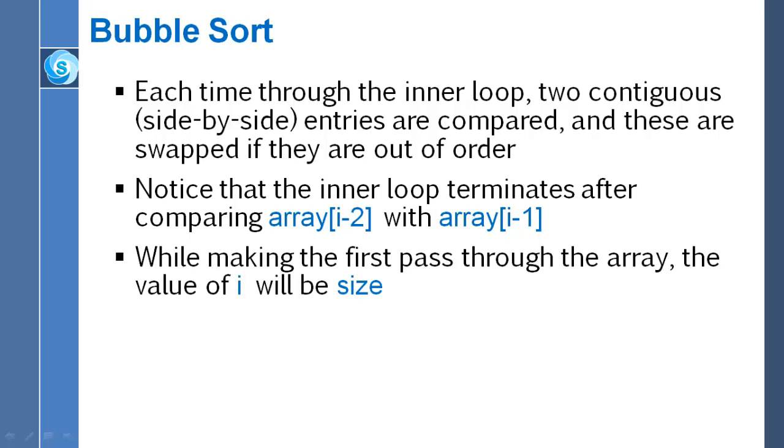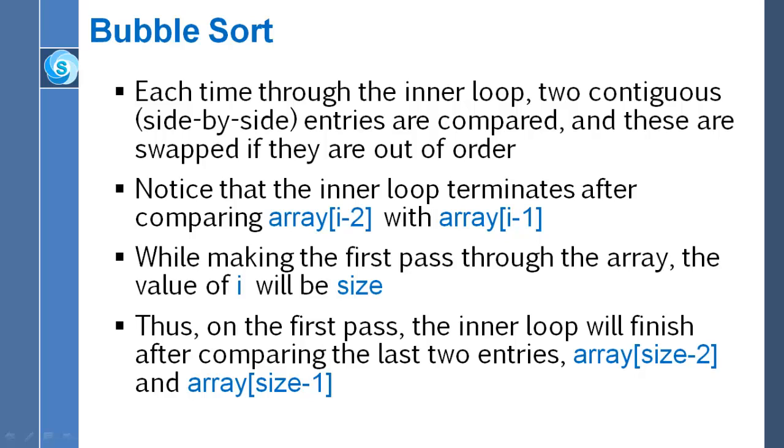So during the first pass, the last entries that get compared in the array will be array[size minus 2] and array[size minus 1]. And that's exactly as it should be, because those are the last two entries in the array. Those are the last two numbers in our list of numbers, because the indexes go from 0 up to size minus 1.